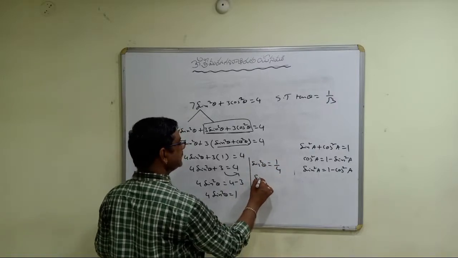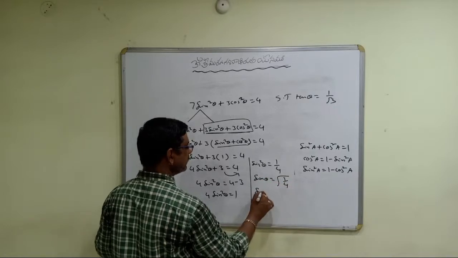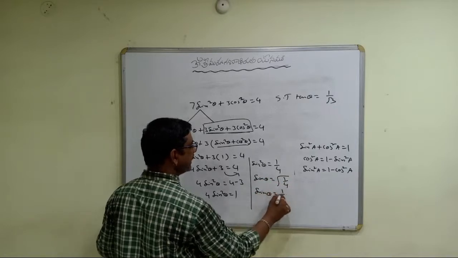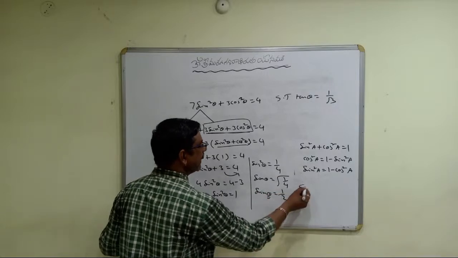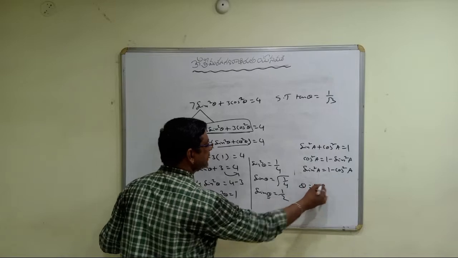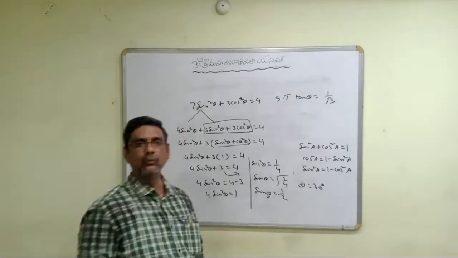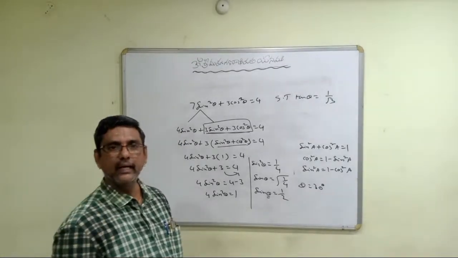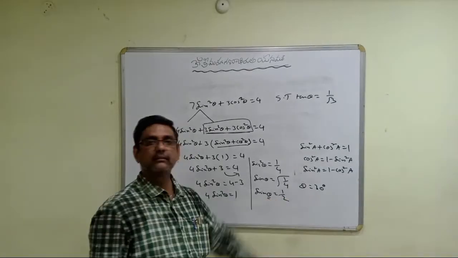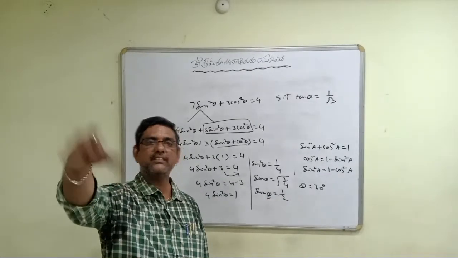And sin theta is equal to root over 1 by 4. Sin theta is 1 by 2. If sin theta is 1 by 2, then we know that theta is 30 degrees, means at 30 degrees, the sin value is 1 by 2.